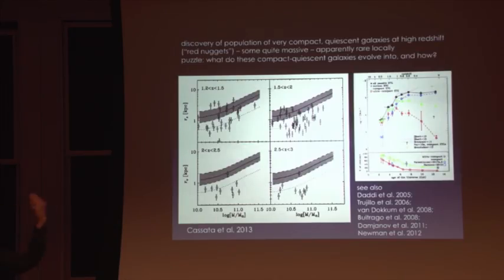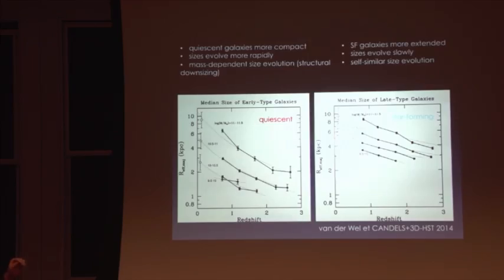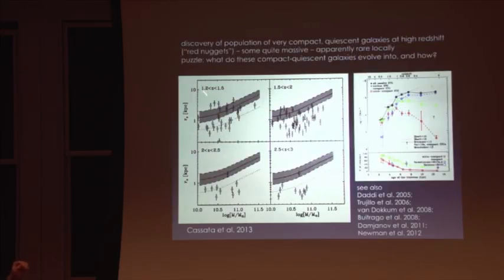Now with these deep Hubble surveys a few years back, people started discovering these objects that were sometimes called red nuggets. I don't particularly love that term myself. Now we're seeing the effective radius versus stellar mass in different redshift bins going out to redshift 2.